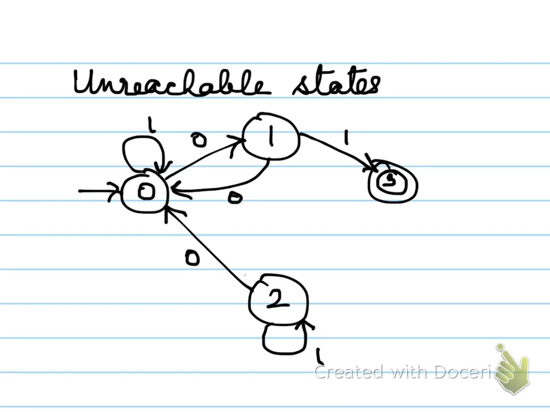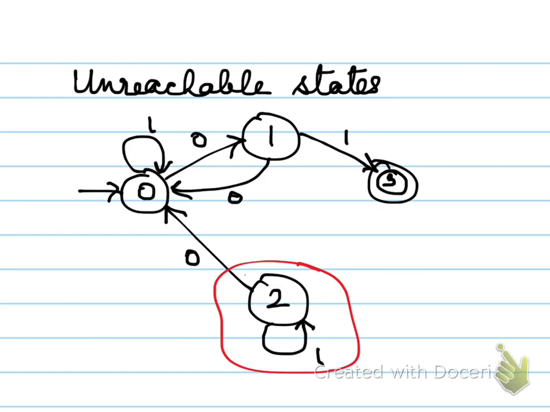Now if you look at state 2 here, you can see this state is unreachable. Why? Because you cannot see any arrow that enters into this state. You can only see transitions moving out of this state. So there is no way from the start state I can reach state 2.